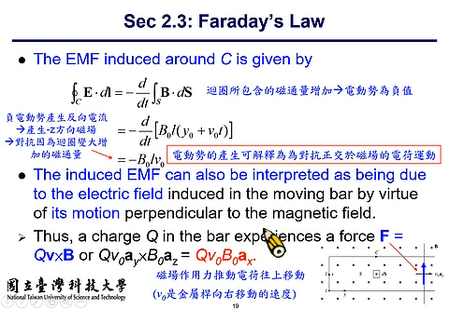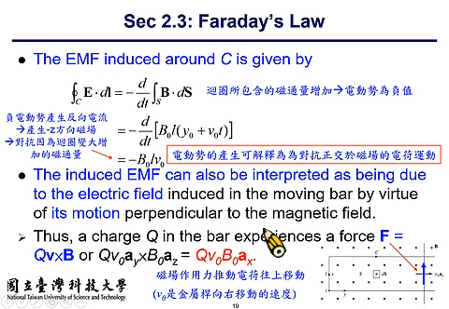In our previous discussion about the Helmholtz force, we know that the magnetic force can be expressed as I dl cross B.